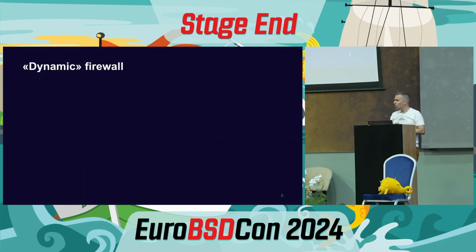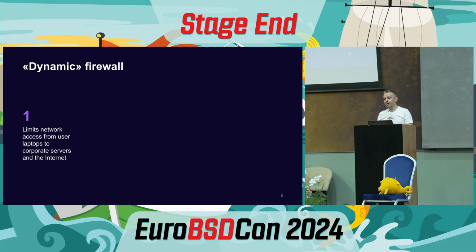So, what are the properties of this firewall, why did we build it, and how did we build it? The first thing: it limits the whole traffic from the users to every single network, either in the corporate network or the internet. It's combined with all the services that are needed for the users, including the DHCP server and router advertisement for IPv6.